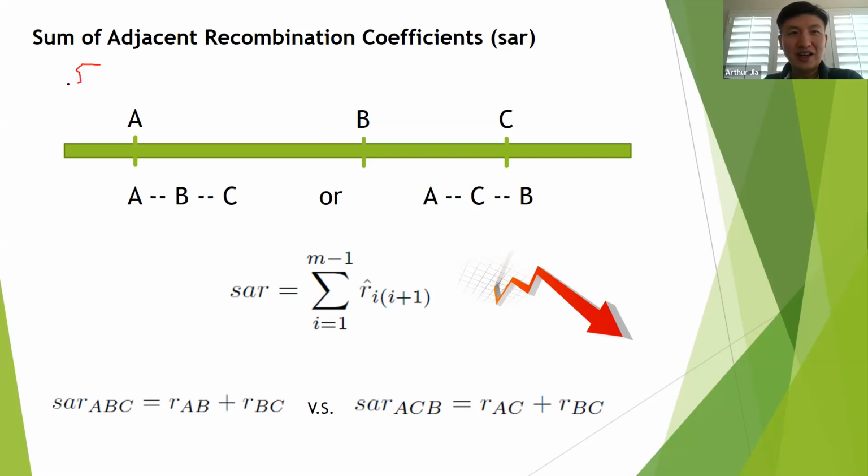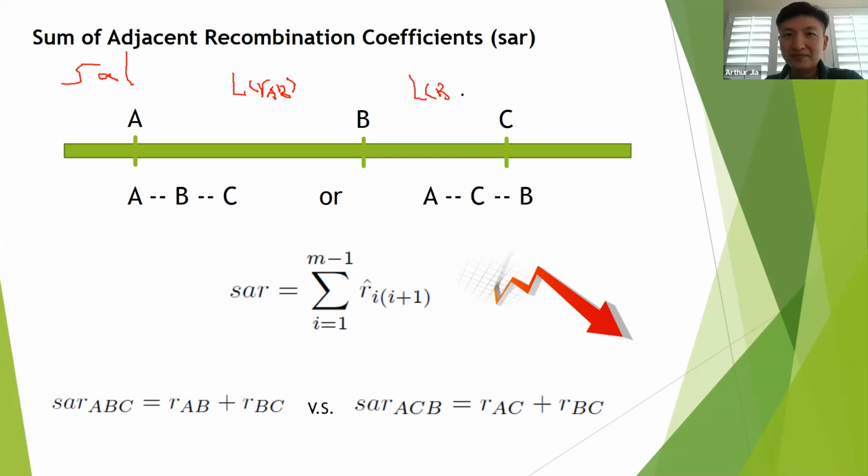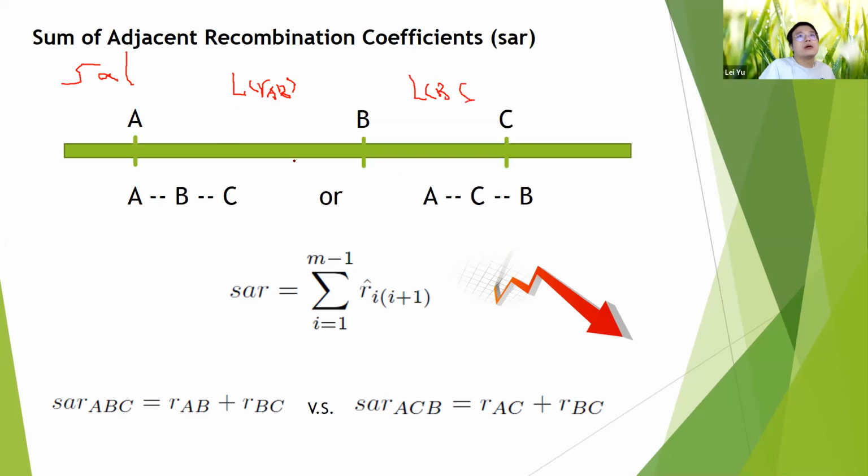So we want to calculate the SLL, so we want to calculate this value. Suppose we can get the likelihood for RAB, and then the likelihood for RBC, and we can also get the likelihood for AC.